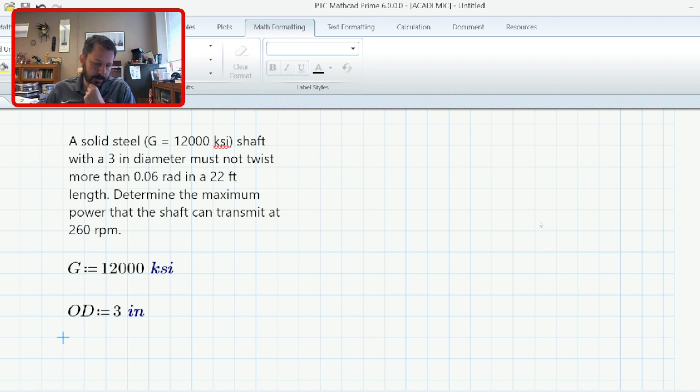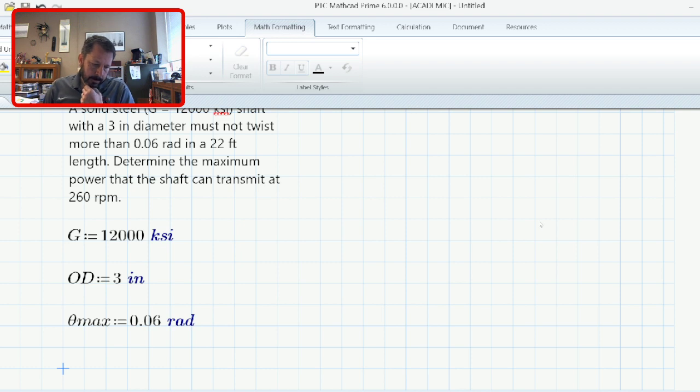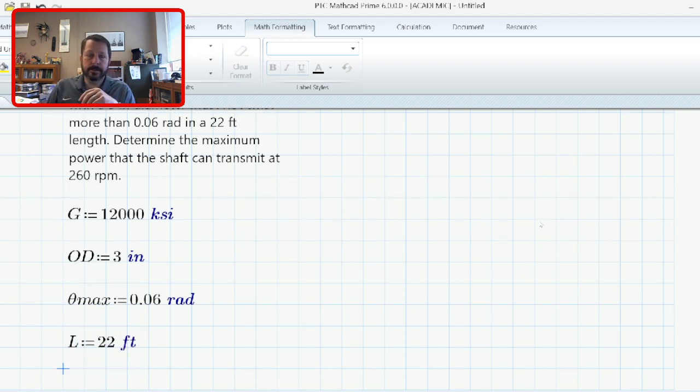Must not twist more than 0.6 radians. So theta max, let's do theta max equals 0.06 radians. L is 22 feet, so that's the length of the shaft. That's a relatively long but large diameter steel shaft.